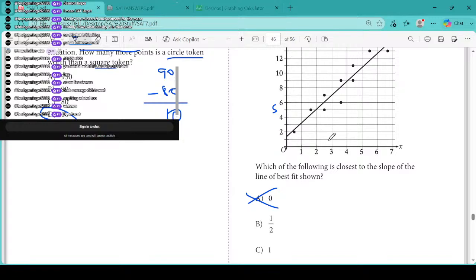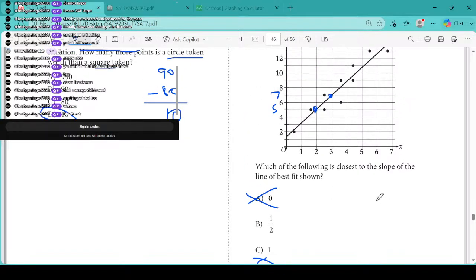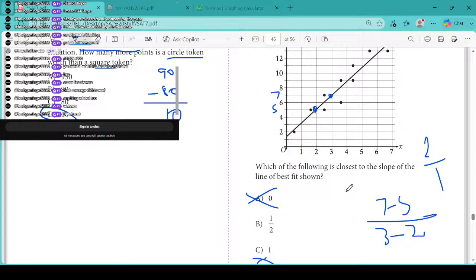So it's 5, 2. Let's pick the points that are on the line. And 7, 3, so that will be 2. Why? Because 7 minus 5 over 3 minus 2, that's 2 over 1, which is 2. Remember, slope is rise over run, right?